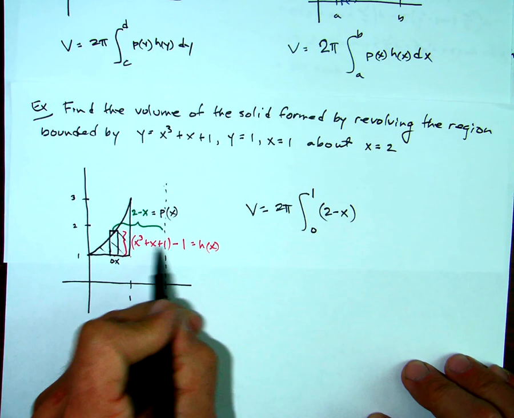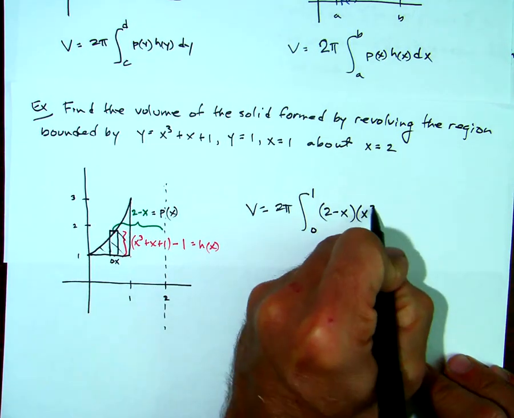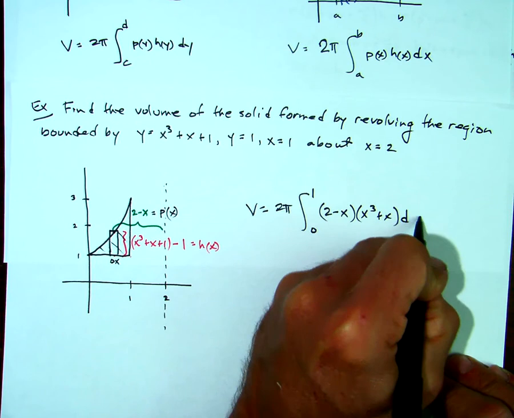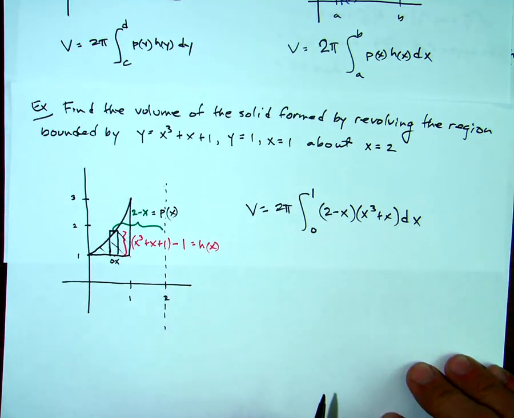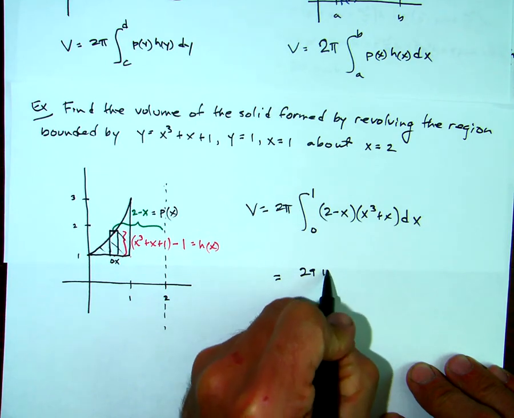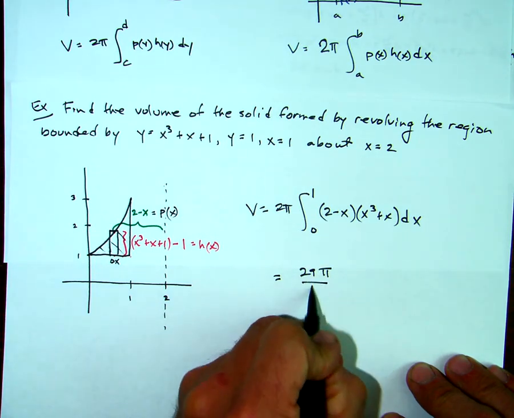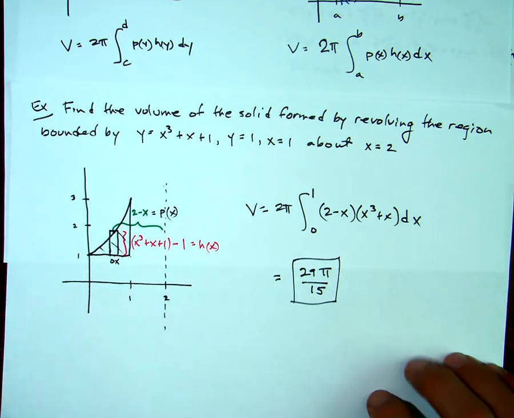And notice if I subtract off the 1, I'm just left with x cubed plus x, dx. All right, and again, we can distribute that out and plug in the values. I'm not going to go through all the details, but that will give us 29 pi over 15. So again, you can verify that for yourself.